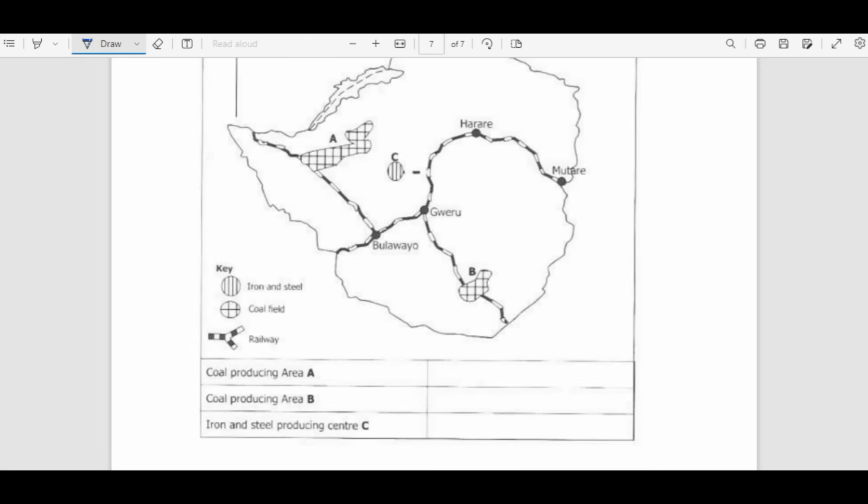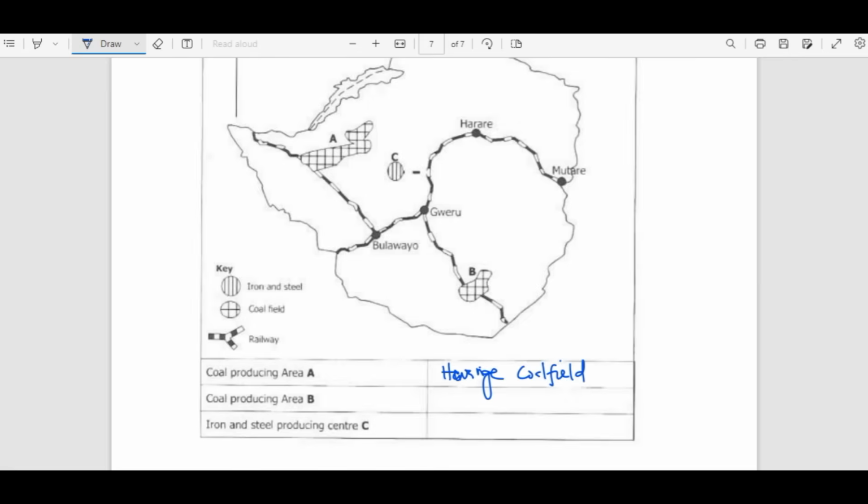Now coal-producing area A. We want to know the area which is produced there. So the area is Hwange. That is the coalfield.